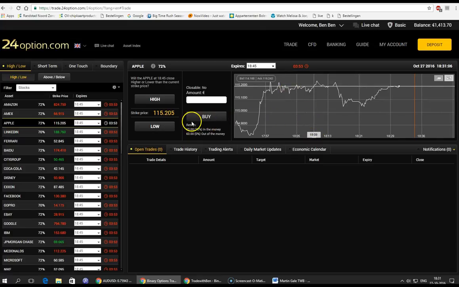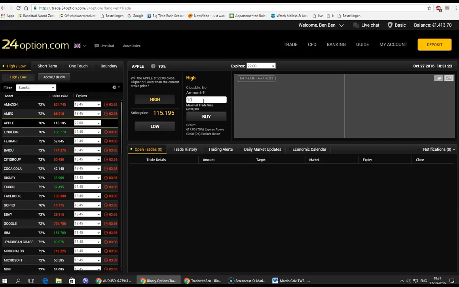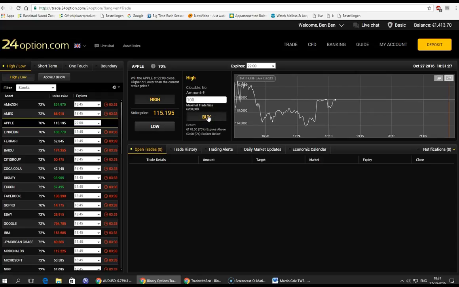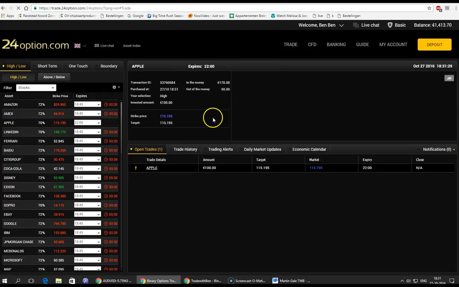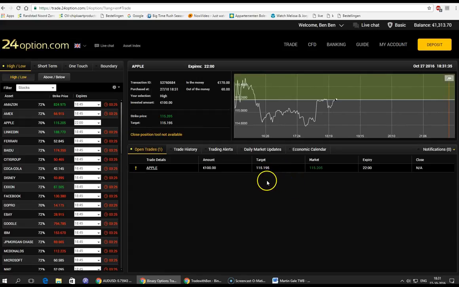I'll place a trade for 9 o'clock in the evening. Oh, I can't. Look, 10 o'clock. So good. And place it higher with 100 euros. Let's give this a go. Apple never disappoints. Let's see what happens with that.